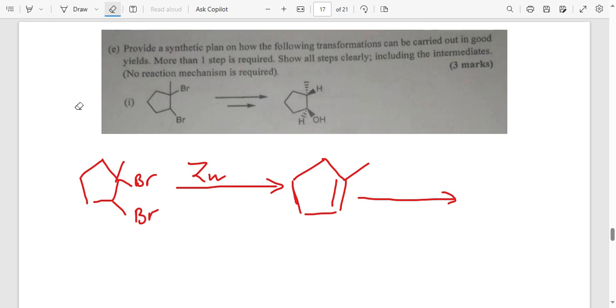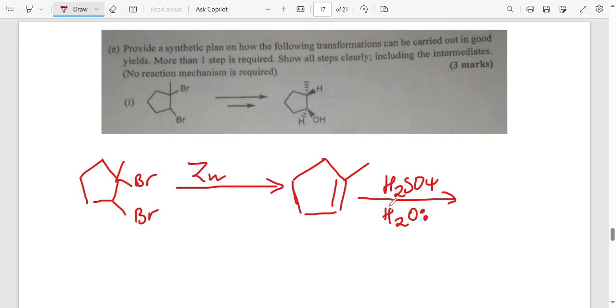That is known as acid catalyzed hydration. So we're going to have our acid here, sulfuric acid, and also water. Now in this mechanism, your water is going to be able to attack. This thing has got a positive charge there.